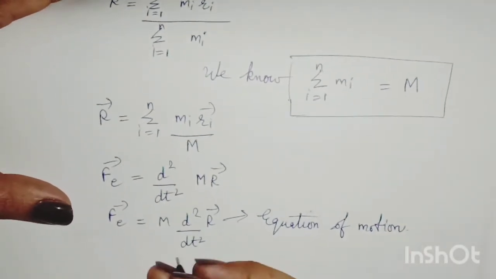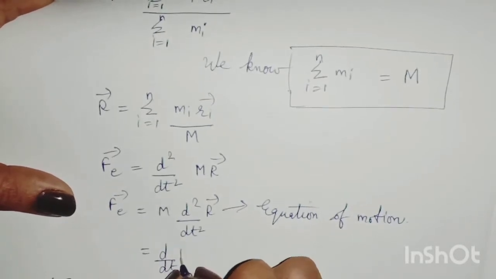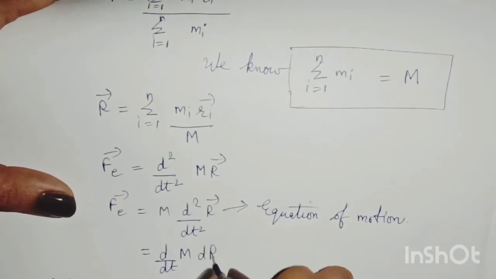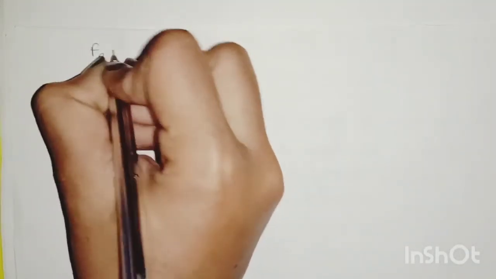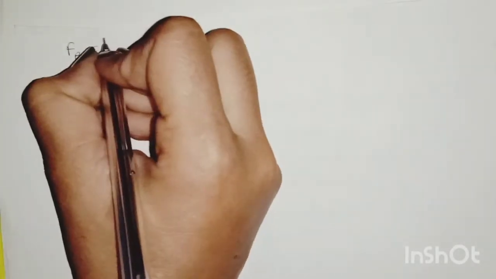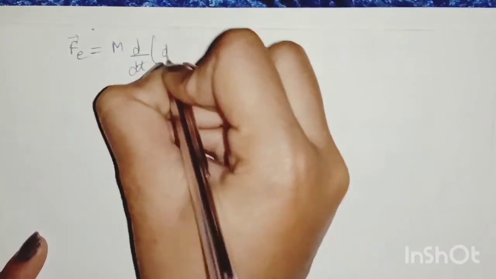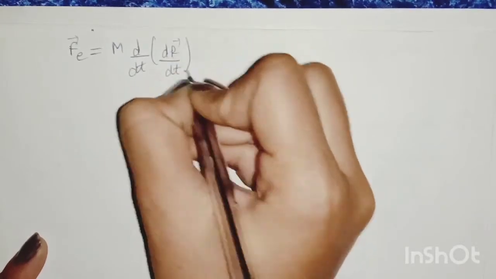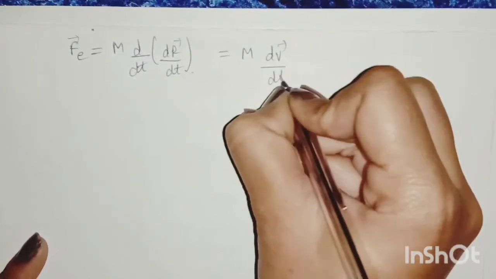Done. Now we can write d upon dt of m dr upon dt. So we can write F external vector is equal to m d upon dt dr vector upon dt, which is equal to m dv vector upon dt.